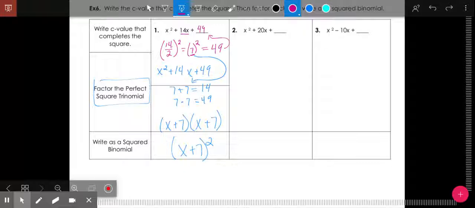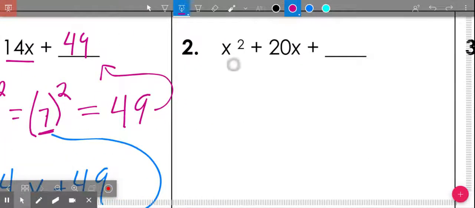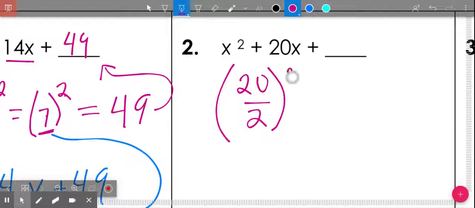So look at number 2. We have x squared plus 20x plus. We need to find the c value that goes there. So we're doing 20 divided by 2 squared. Well, 20 divided by 2 gives me 10 squared. And 10 squared is 100.